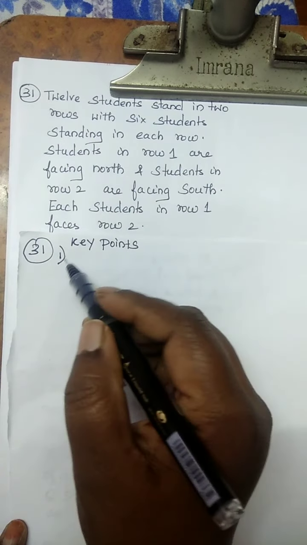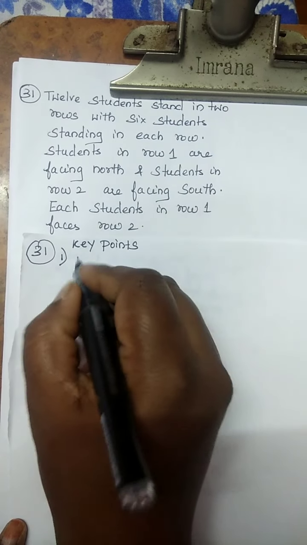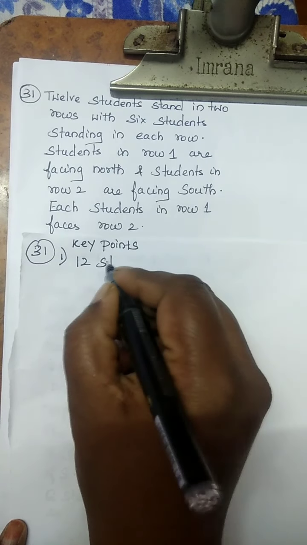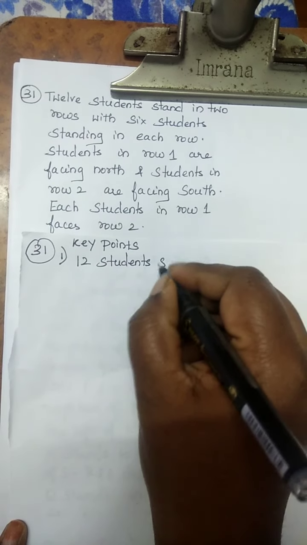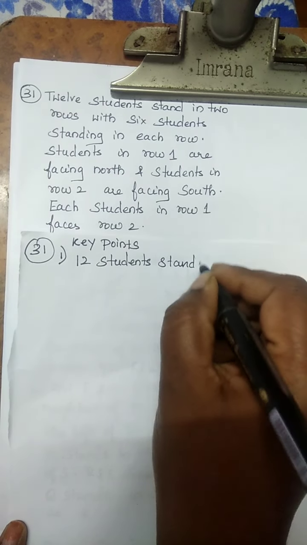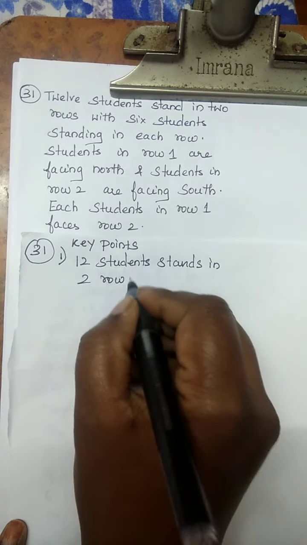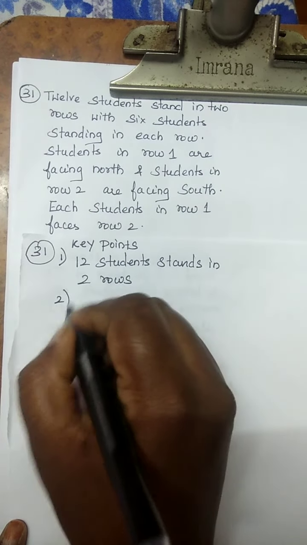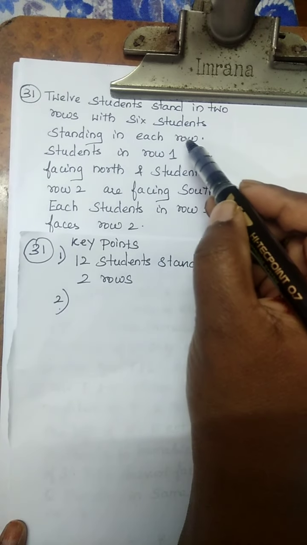The first key point is 12 students stand in 2 rows. The second point is 6 students in each row.